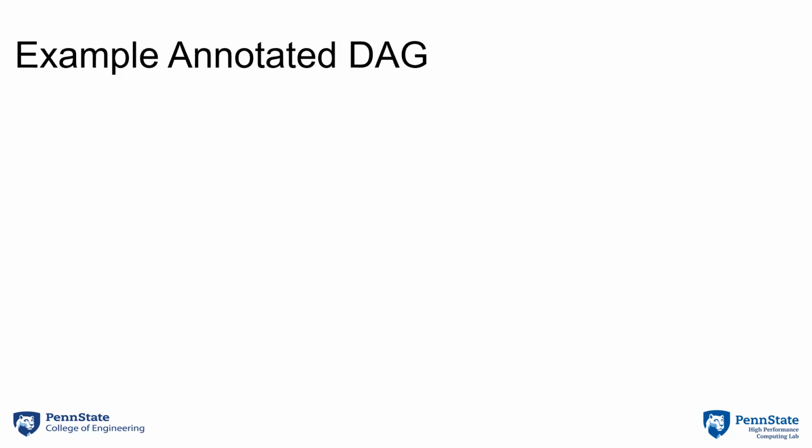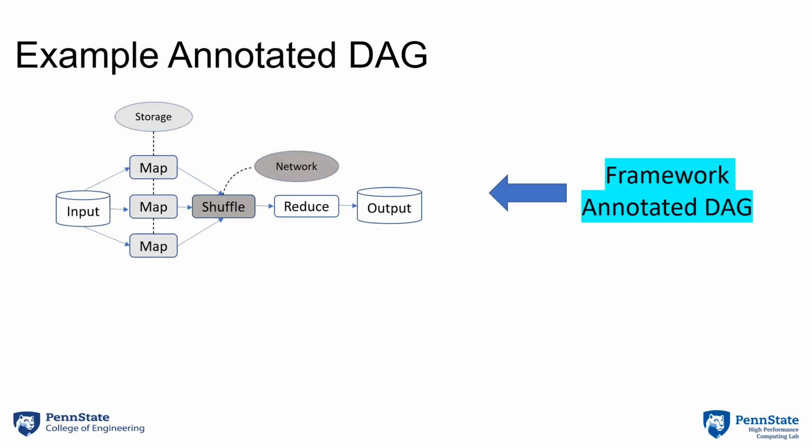Let's see two examples of annotated DAGs. Here we see the root vertices, or the vertices here, are annotated as storage by the framework. The vertices here are expected to be extremely heavy on IO because they read a lot of input and are expected to spill. Hence, the framework has attached the storage annotation.